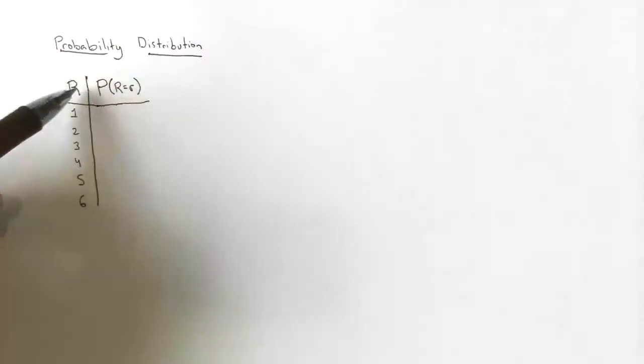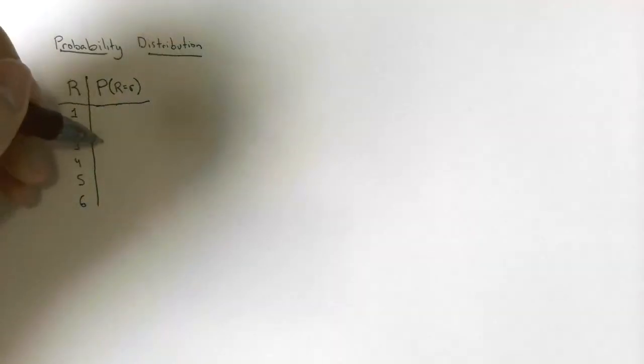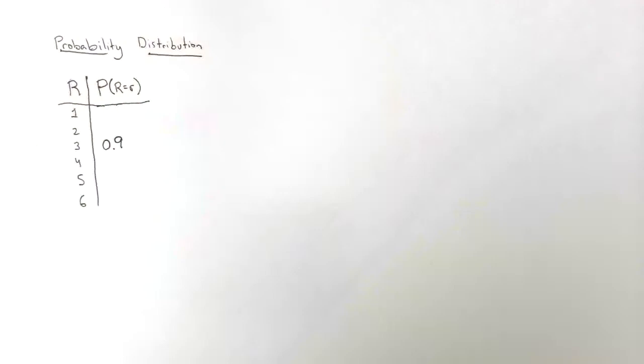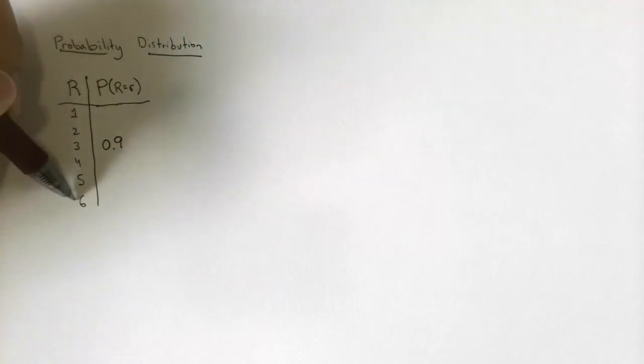The probability that our random variable is equal to any one of these individual outcomes may be different. Let's say this die is weighted so that it lands almost always on 3. Perhaps we could end up with a probability of 0.9, depending on how you roll your die, that your die lands on 3. And then we have 5 other outcomes, so we can give them enough probability such that we reach 1.